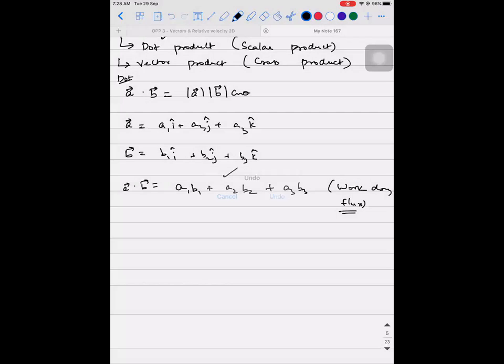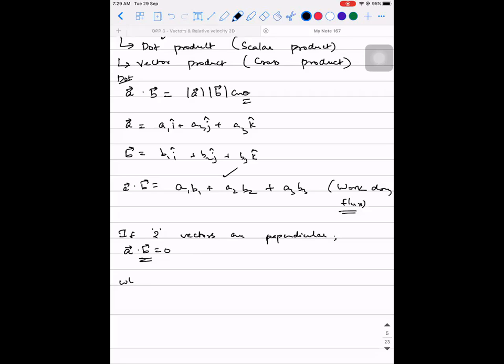Similarly, if two vectors are perpendicular, then what will the condition be? A vector dot B vector will be 0, because theta will be equal to 90 degrees, and when you put 90, cos theta becomes 0.